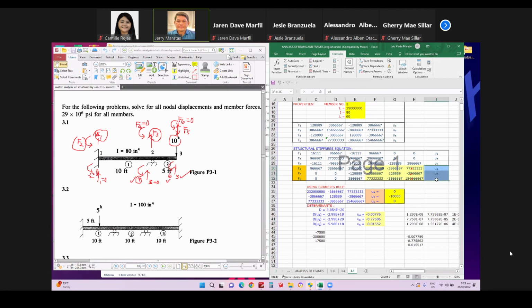Once you have this, since U1, U2, U3 are all 0, you can solve F1, F2, F3 using this. Okay, these are the reactions.